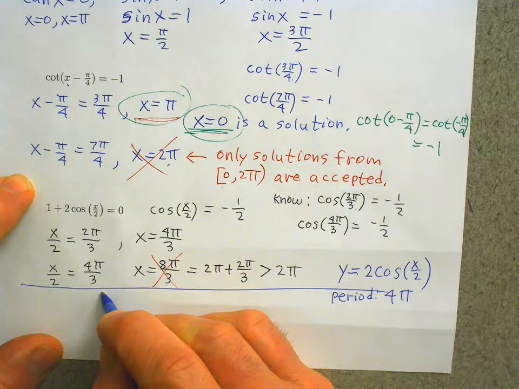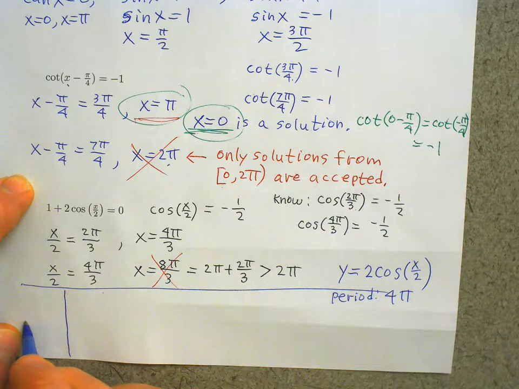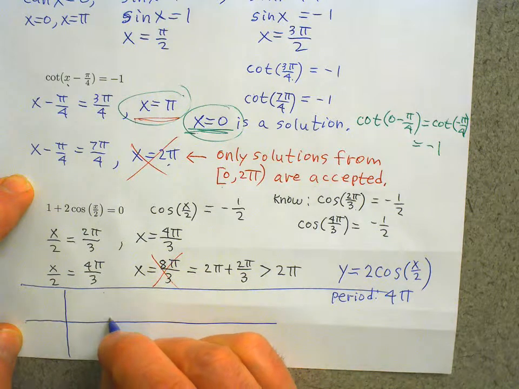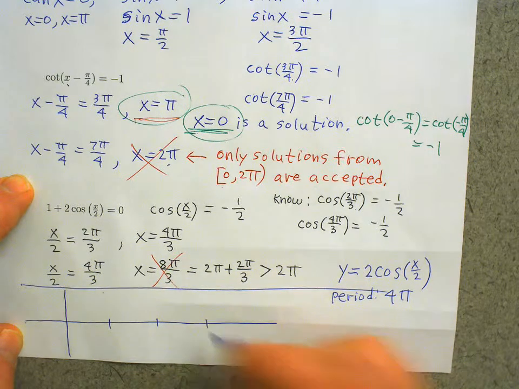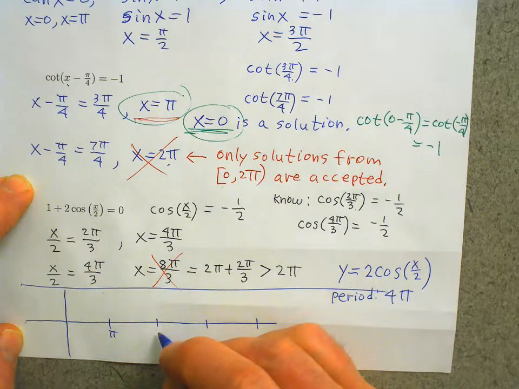So I'll draw one period of that. Between 0 and 4 pi is one period of this one.